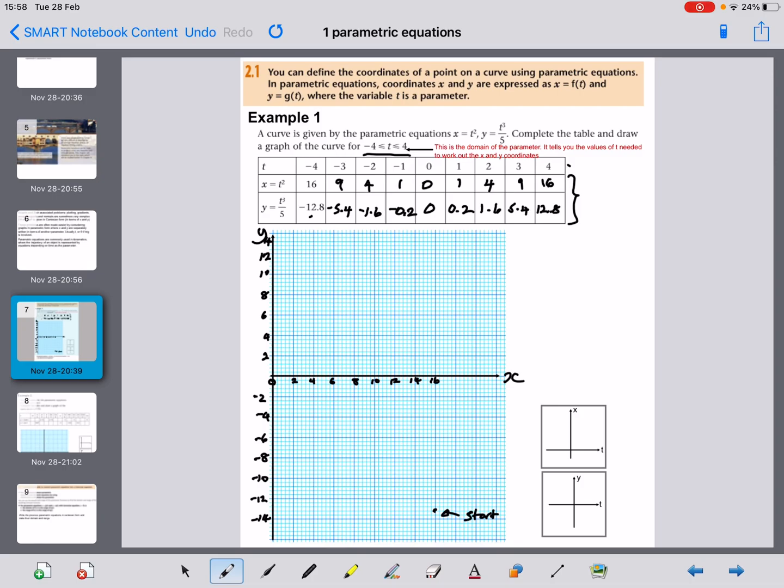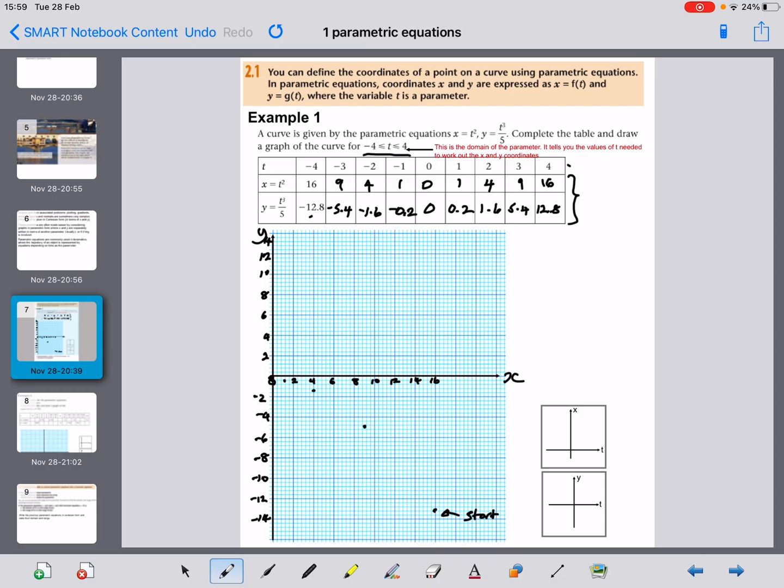When t is -3, we've got x is 9 and y is -5.4. So x is 9, y is -5.4. About there. Then when x is 4, y is -1.6. When x is 1, y is -0.2.